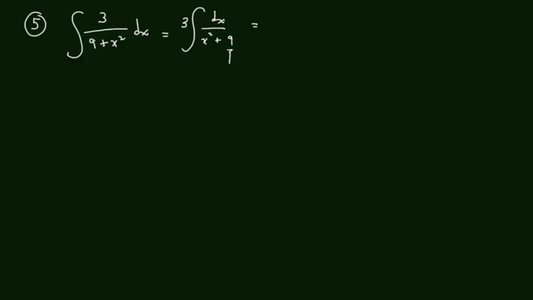So what if I factor out that 9 from the denominator? Then I have dx over, well, this becomes 1, but then this becomes x over 3 quantity squared, or x squared over 9.